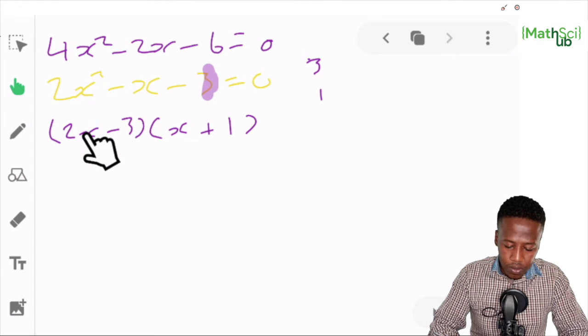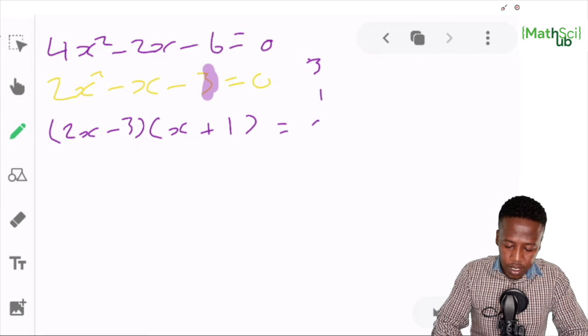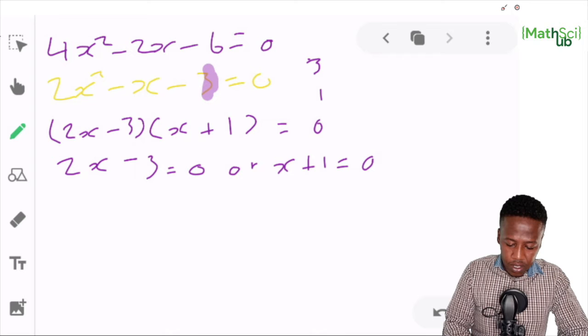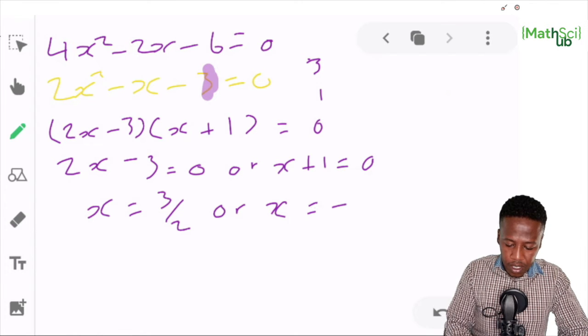It's going to be 2x squared, 2x, 3x minus 3, meaning you've managed to get your factors. We have 2x minus 3 equals 0, or x plus 1 equals 0. So x would be 3 over 2, or x equals -1.